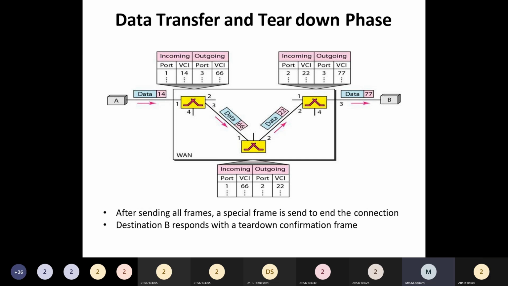So the frames are only allocated from source to destination. Okay, so the tear down phase automatically disconnects the data transfer from one source to another. Okay, so this is the data transfer rate from the destination.